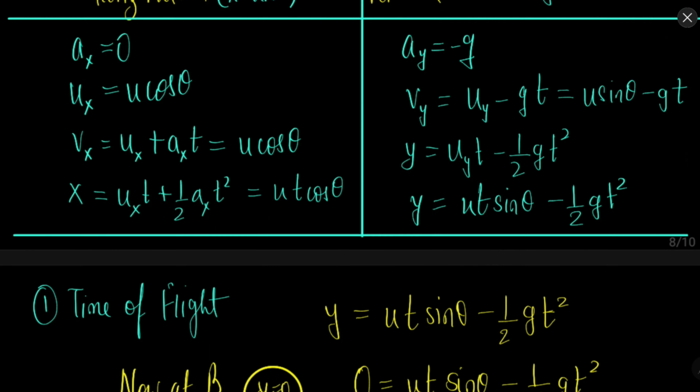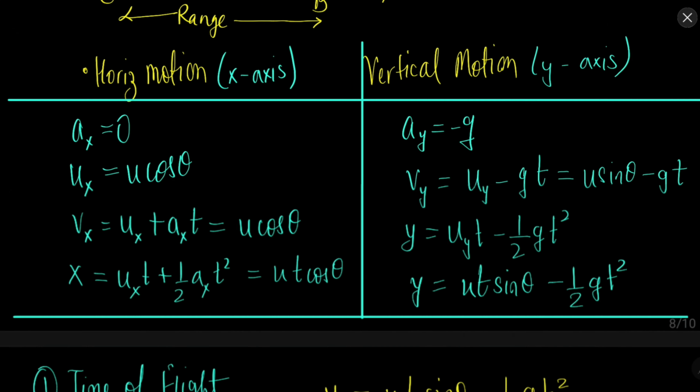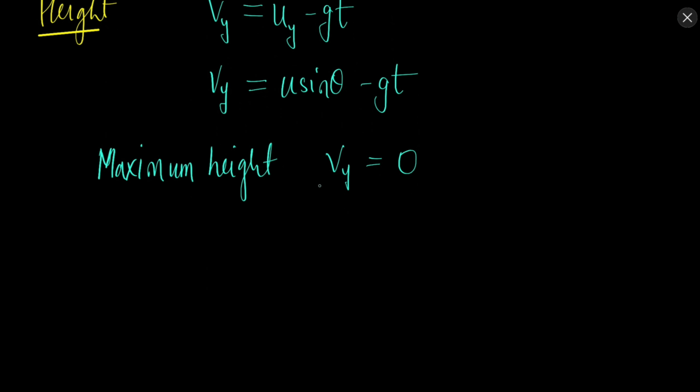At this point the vertical velocity will become 0, because when the object moves up its velocity slows and it stops. So for that moment the vertical velocity is 0. At the topmost point Vy is 0. So we get again u sin theta equals gt, or t equals u sin theta by g.